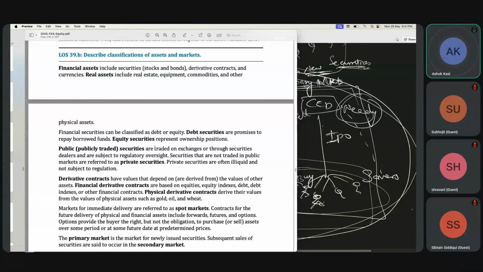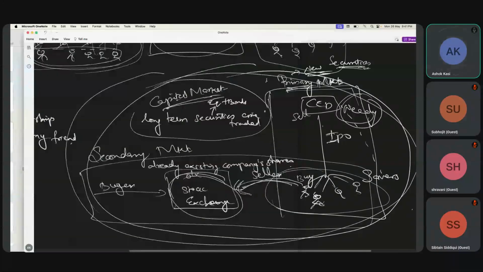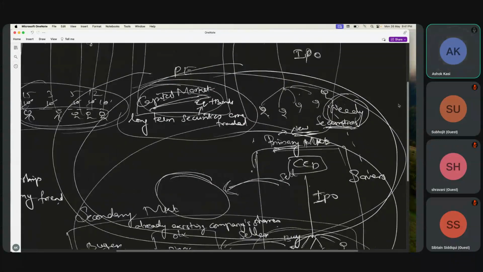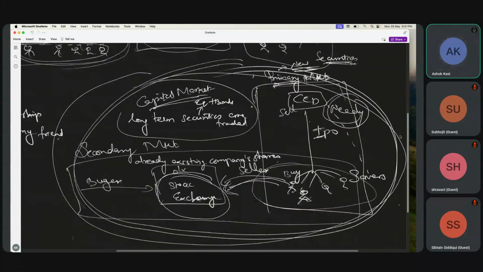Debt securities, equity securities. Debt securities we can focus on when we do fixed income. Then publicly traded securities and private securities. Private securities means privately issued, like the private equity investors I mentioned. That is private securities.